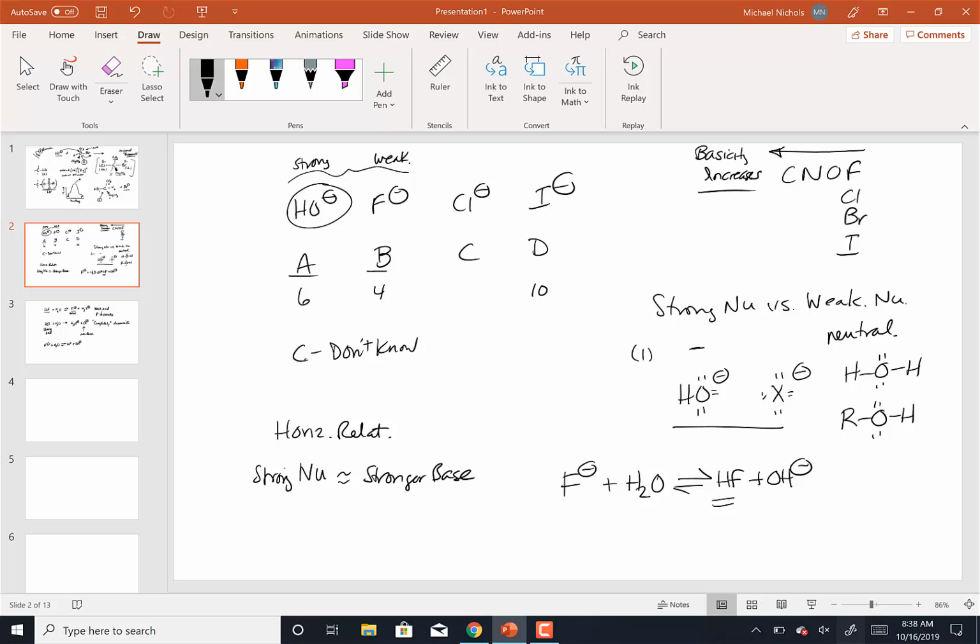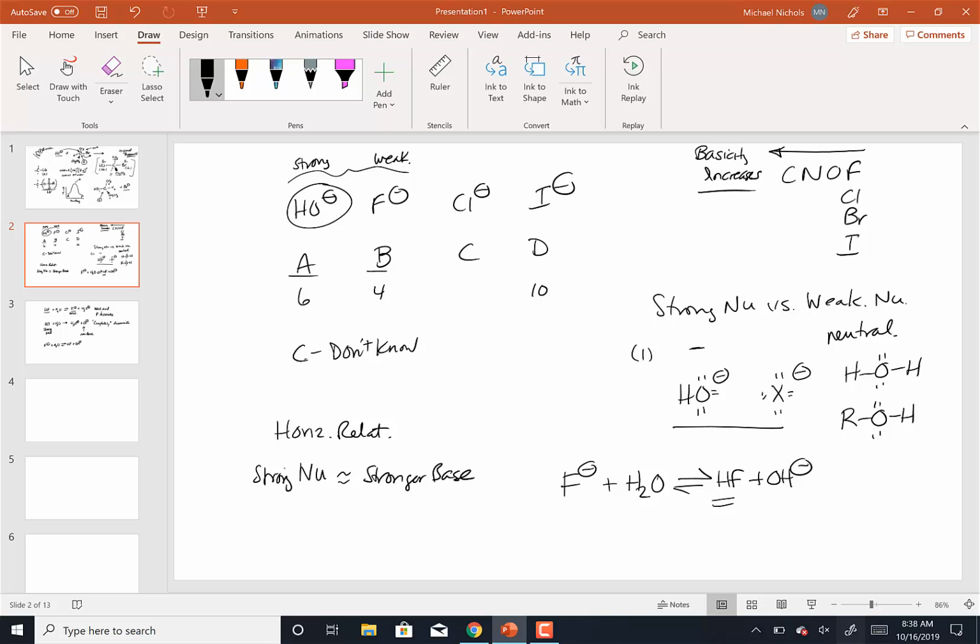What's a strong nucleophile? Number one, negative, strong, neutral, weak. Of the strong nucleophiles, if I'm comparing two, and they have a horizontal relationship, who's the stronger nucleophile? The stronger base. Okay.